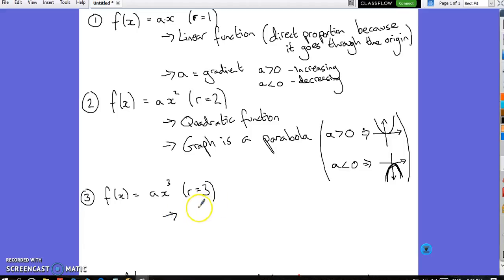But just to refresh your memory, this is a cubic function, because we're looking at x cubed, so r is 3 in this example, and we know that the graph tends to look something like a kind of S shape or a skewed S shape like this. So it comes up, it flattens out a little bit, it goes through the origin, and it comes up again in a similar way. It's kind of symmetrical in some ways.